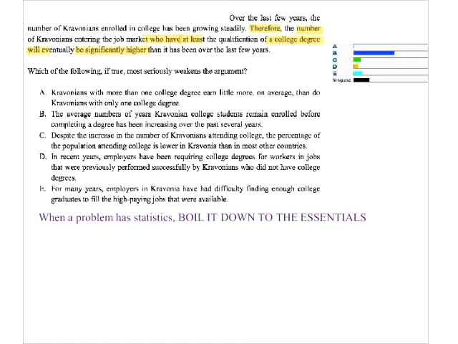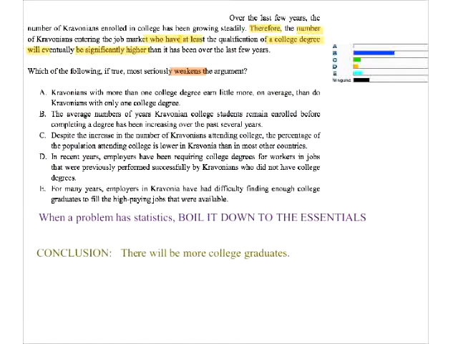So the argument is basically that more people are enrolled in college, therefore the number of people who graduate with degrees is going to be higher. And you're trying to weaken this connection. Again, the conclusion of the argument is there will be more college graduates. That's basically what it says.